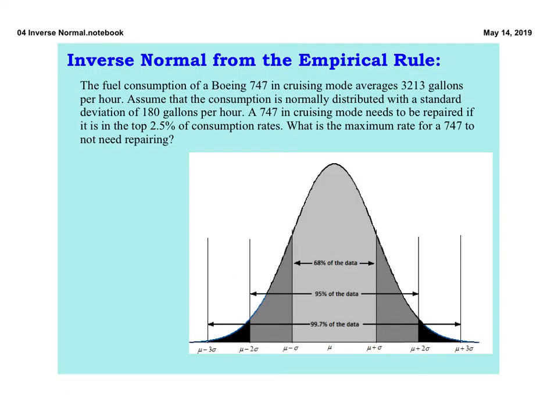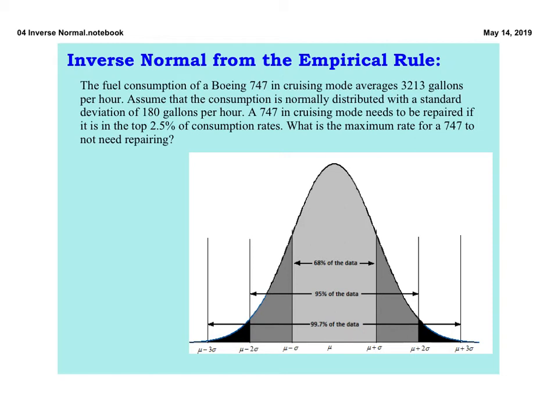Okay, so let's take a look at our bell curve here. Again, these are the values that we've memorized. Keep in mind that this is one standard deviation away from the middle, two standard deviations, three, and then the same on the other side. So we have: fuel consumption of a Boeing 747 in cruising mode averages 3,213 gallons per hour.